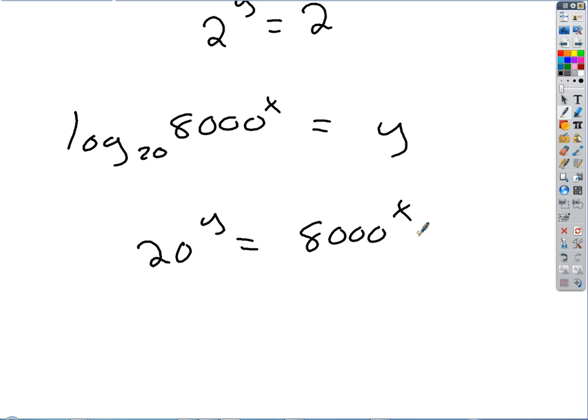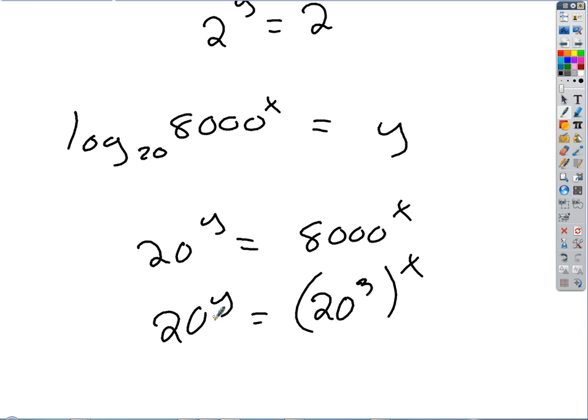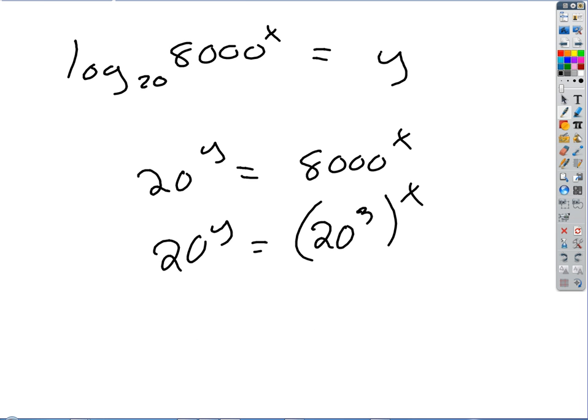Yeah, it is. 20 to the 3. I was close. Right, because think about that. 20 times 20 is 400, times 20 is going to be 8,000, right? So I can write that as 20 cubed to the x. Okay, so then if I simplify this side, take a power to a power, what do I do?